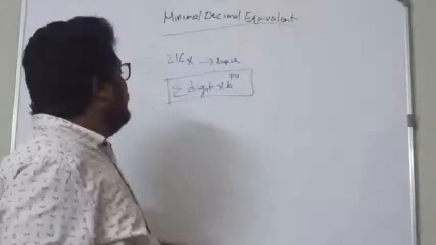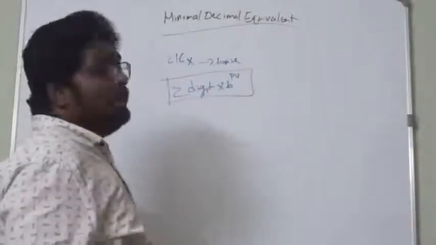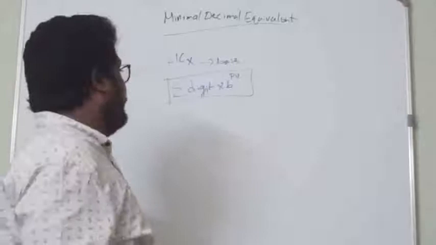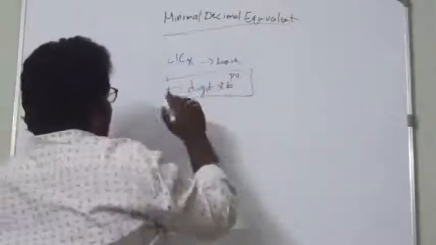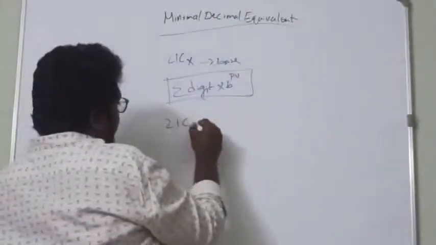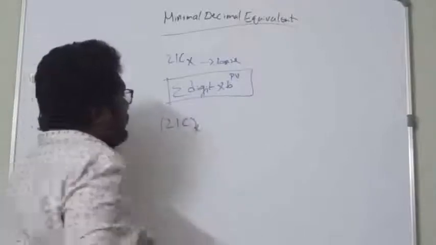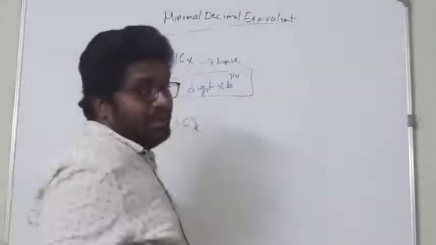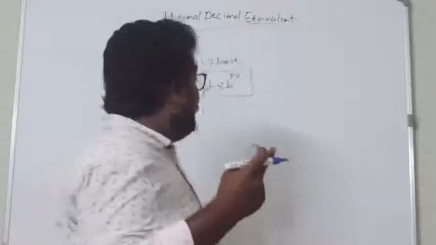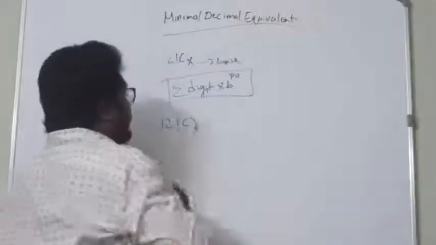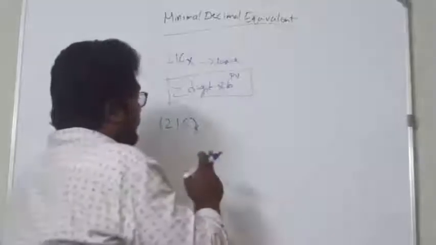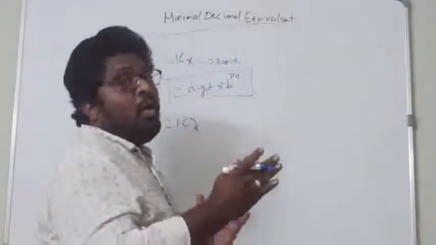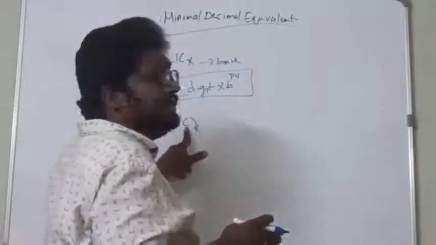Now, to get the minimum decimal equivalent, first observe the digits present in the given number. Here the digits present are 2, 1 and C. Here C is the biggest digit in the given number. So the base must be greater than or equal to this highest digit.